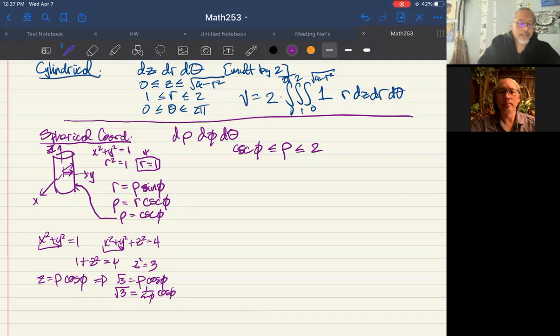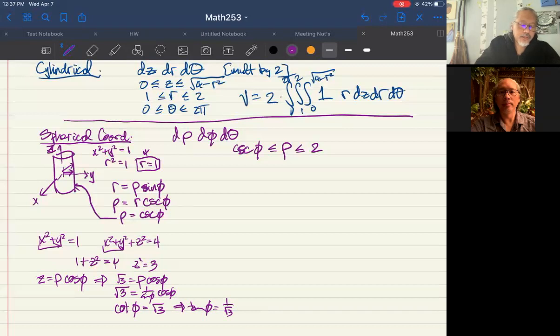And so we're going to get cosine over sine, which is cotangent. So cotan phi is equal to square root of 3. It's easier, I think, to express things in terms of tangent. So let's say tan phi is equal to 1 over square root of 3. We can get that easier in terms of the calculations.